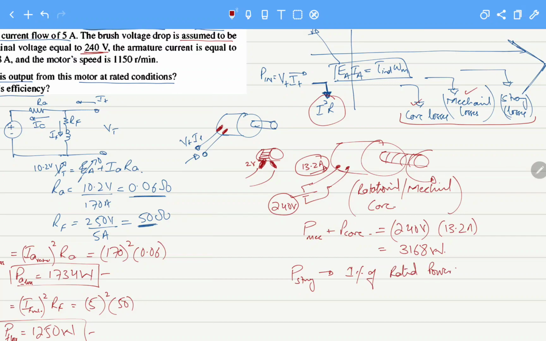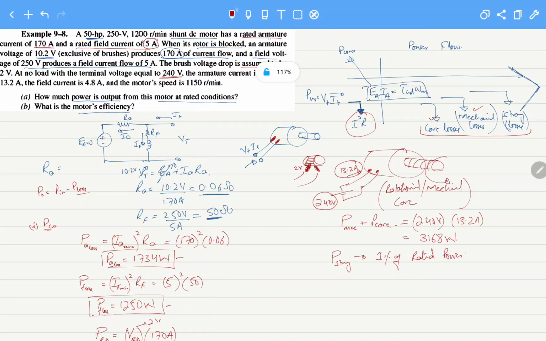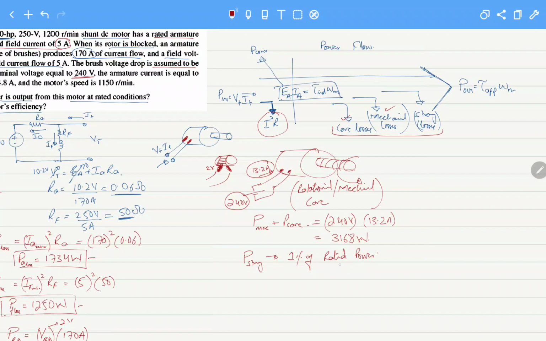So what is the rated power of the machine? For rated power, we can see the rated armature and the rated field current. The rated power of the machine is the total voltage that we apply to the machine, that is 250 volts, times the total rated armature current, 170 amperes, plus the field current, 5 amperes. Both of these are supplied by the battery.